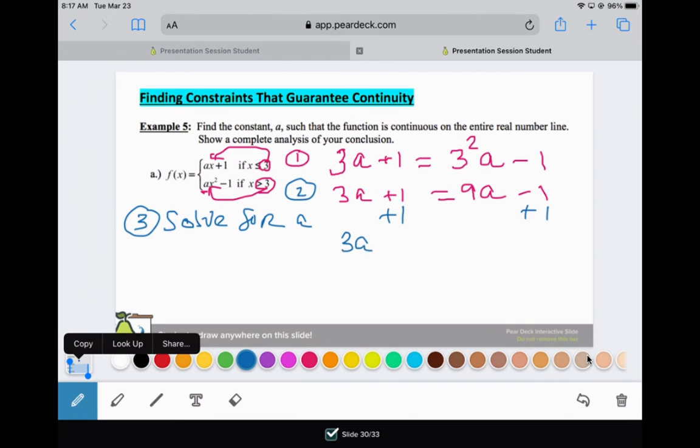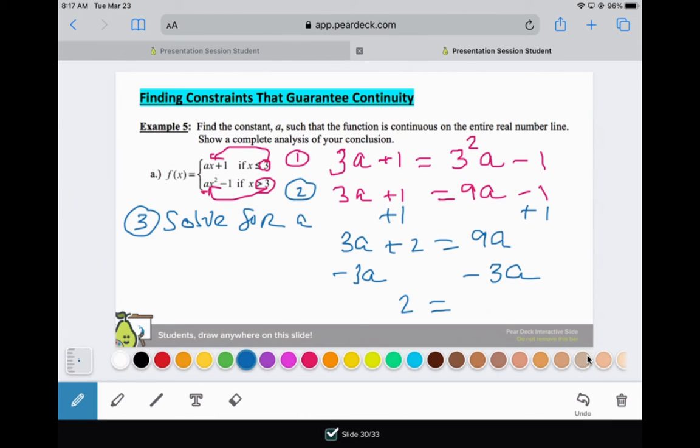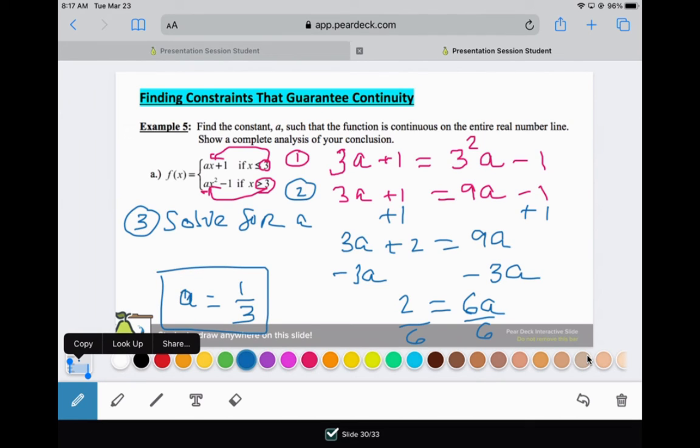So 3a plus 2 equals 9a minus 3a... 2 equals 9 minus 3a. That would give me 6a divided by 6. The a value is 1 over 3. So the a value that makes the function continuous is 1 over 3.